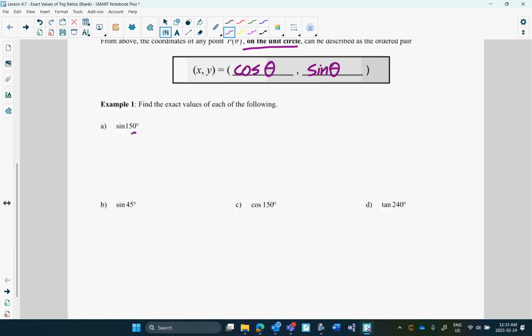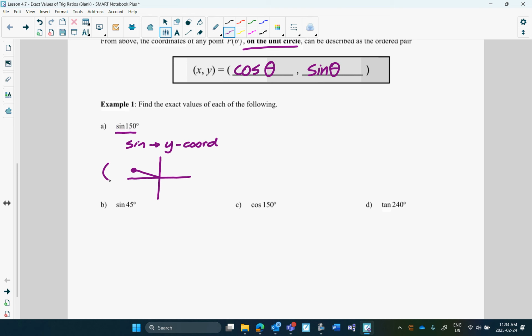To find the sine of 150. Sine means y coordinate, right? I'm going to read the y coordinate. What am I going to read the y coordinate of? That point at 150 degrees on the unit circle.